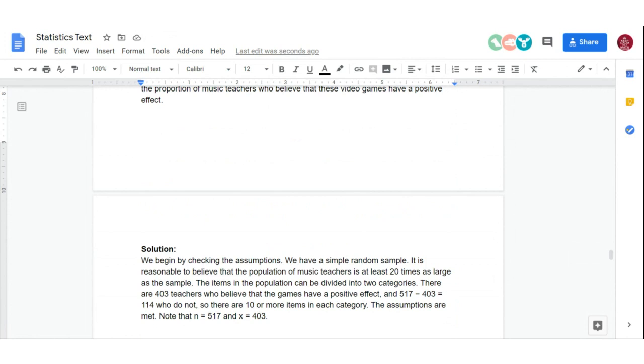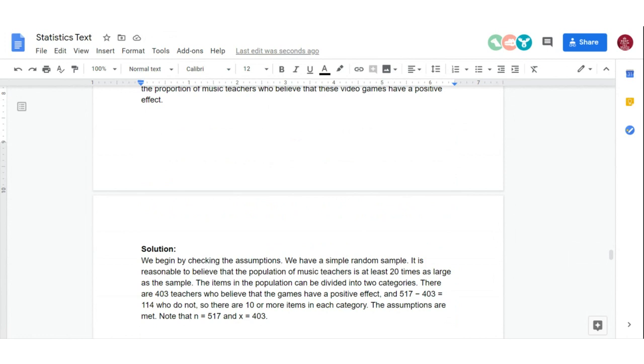Now, the items in two categories. Think about this. You have those who think that this video game has a positive effect, and you have those who do not believe it does.